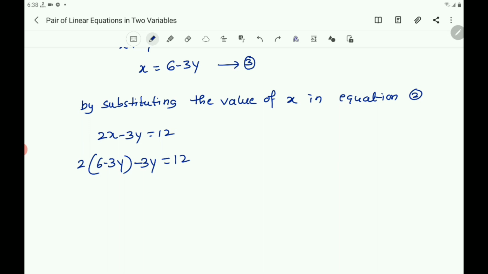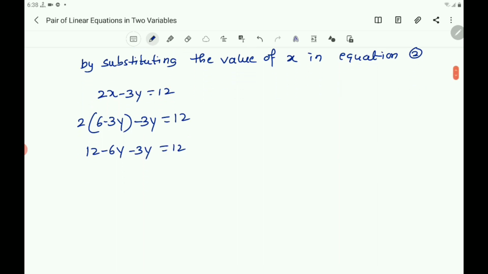Then you multiply 2 and 6. 2 sixes are 12, and 2 threes are 6, that is minus 6y minus 3y equals 12. Then 12 minus 6y minus 3y, as they are having the same sign, you can add them.